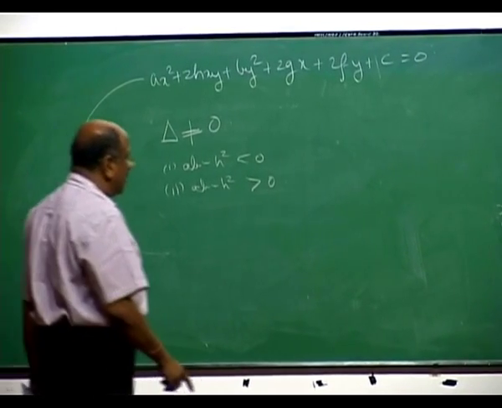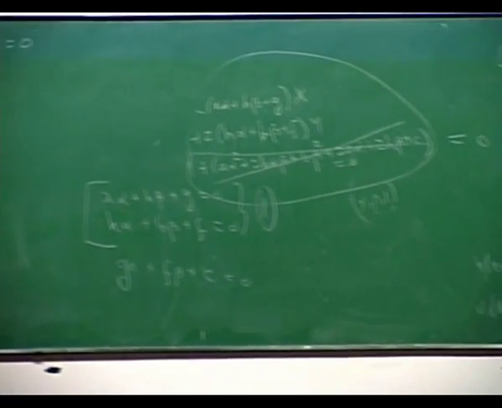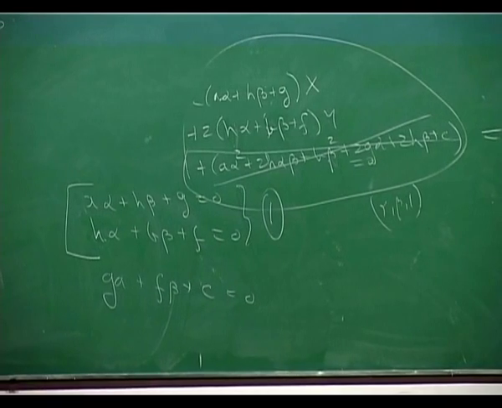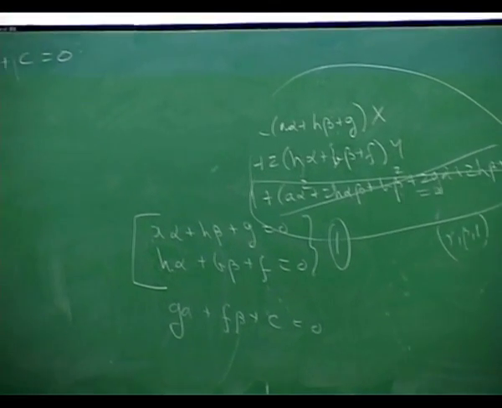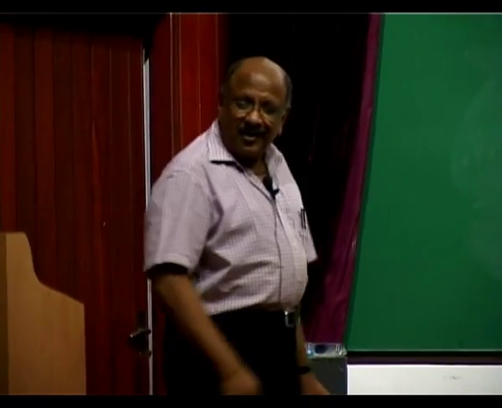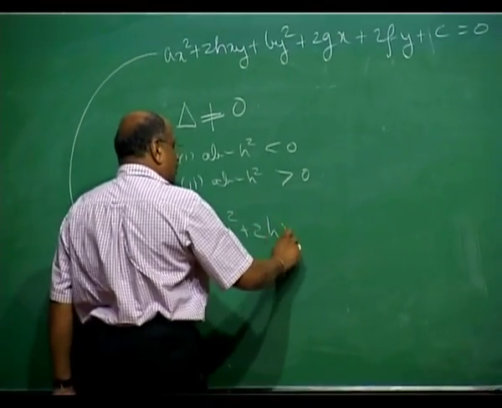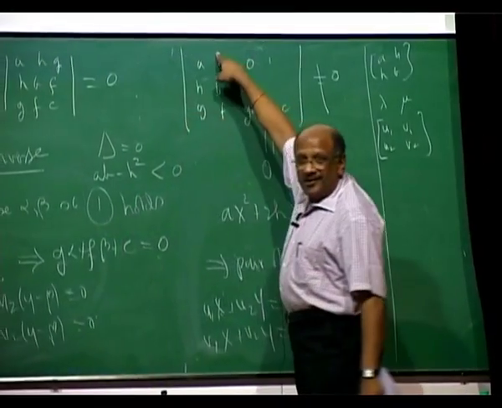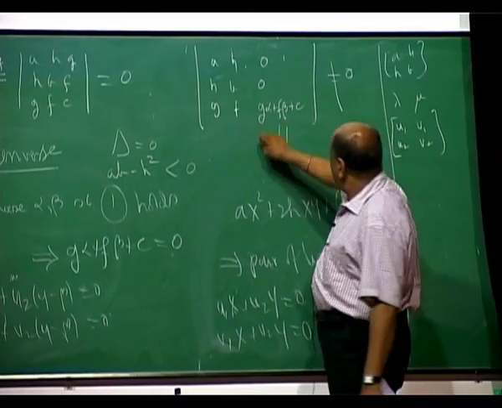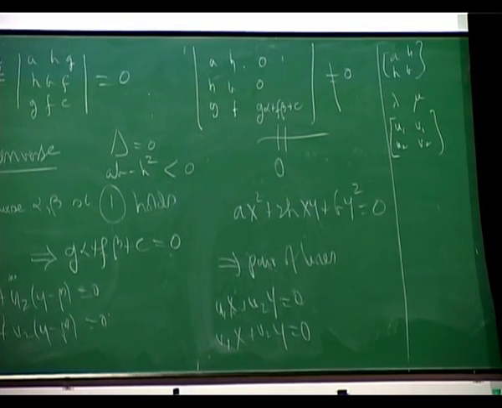So once more we compute alpha beta such that these two equations are satisfied. You can always find a unique solution because ab minus h square is not 0. So this 2 by 2 system is non-singular. So there always exists a solution. So once you have found it and you translate the origin, then what do you get? ax square plus 2hxy plus by square plus capital C equal to 0, where this is not 0, so this cannot be 0.